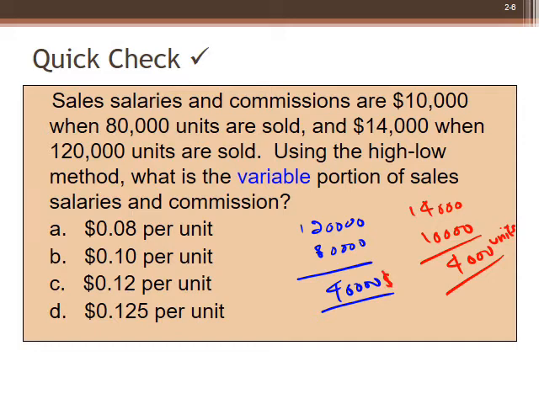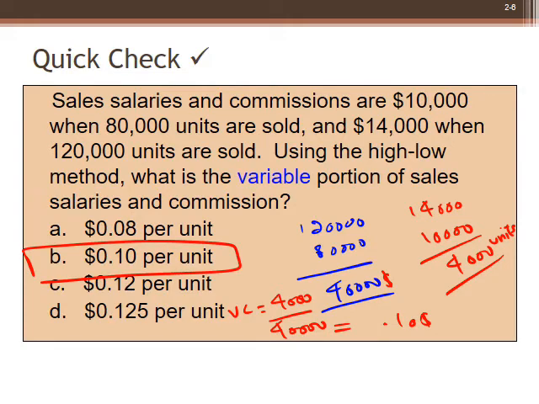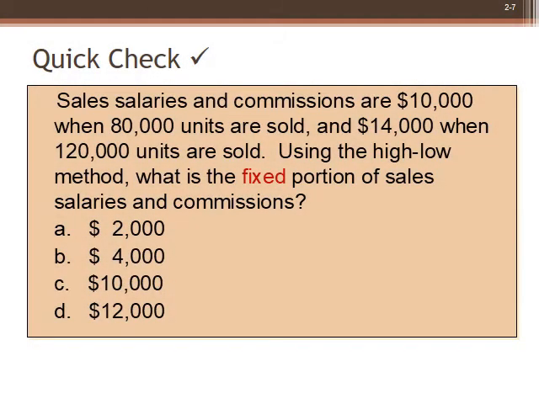And we can easily find the variable cost. Variable cost is equal to cost over units. So we have cost 4,000 and units 40,000, so the answer is $0.10 per unit. The answer is B. If you want to find the fixed portion, just use the equation. We know that the equation of mixed cost is y is equal to a plus bx.